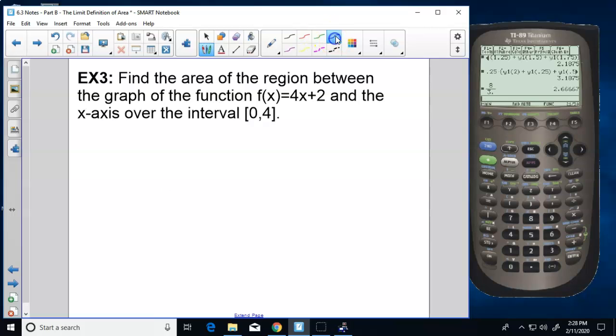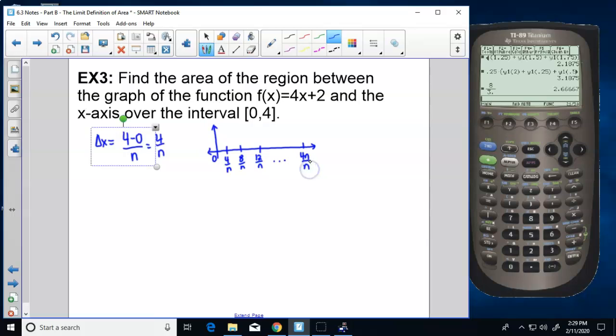So this time our delta x, our width of our rectangle, would be 4 minus 0 over n, or 4 over n. I'm not going to graph this completely, but when we're thinking about that graph, we'd have 0, then 4 over n, then 8 over n, then 12 over n, dot, dot, dot, all the way till we got over here to 4n over n.